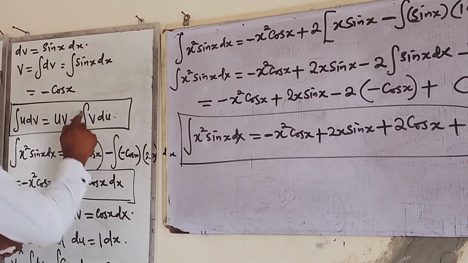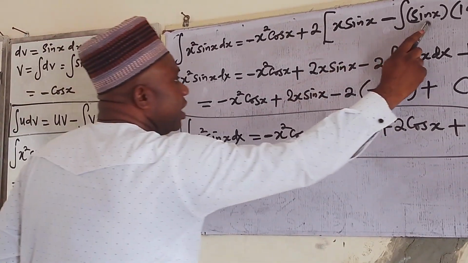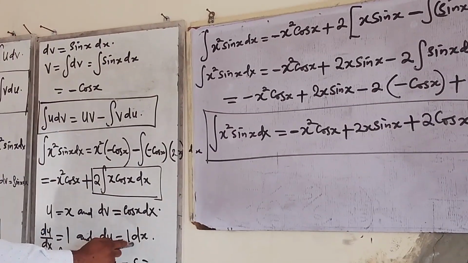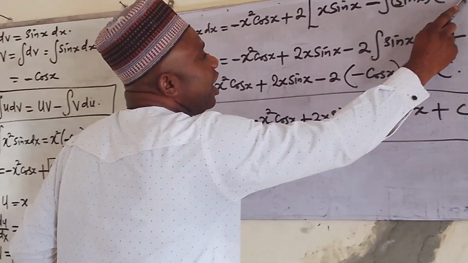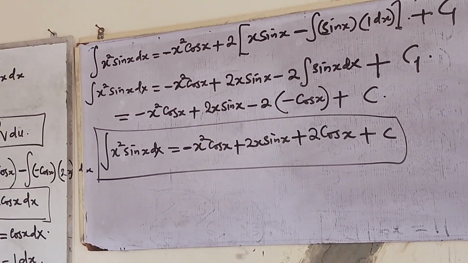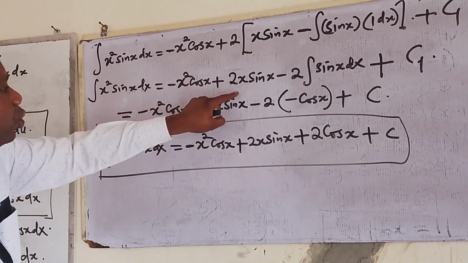Then minus the integral of v, which is sine x, then du, which is 1 dx, plus a constant.